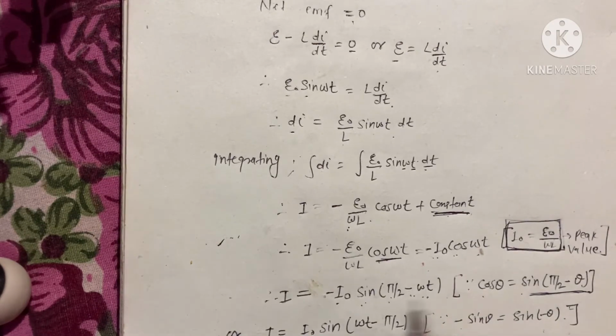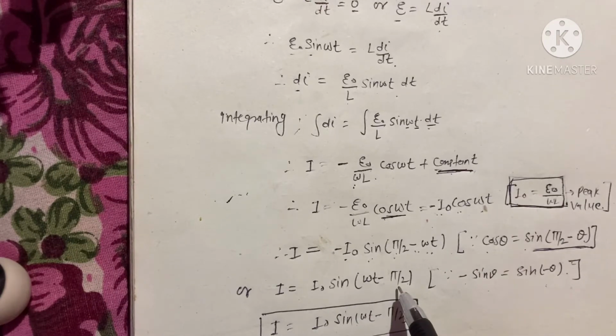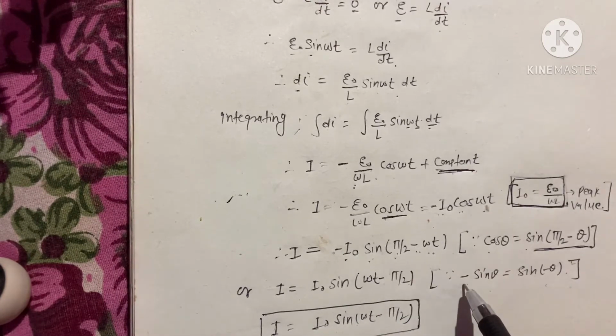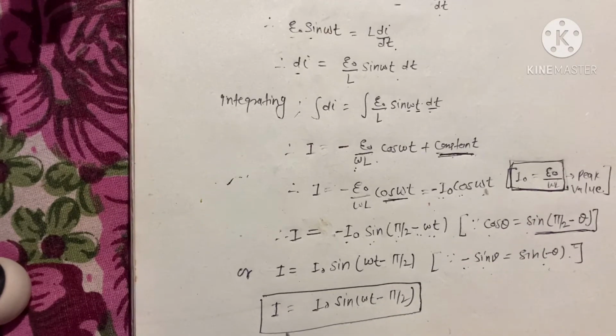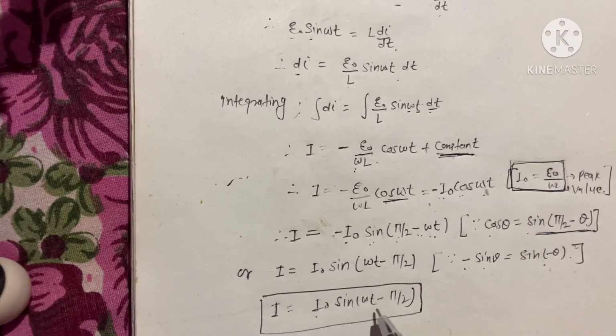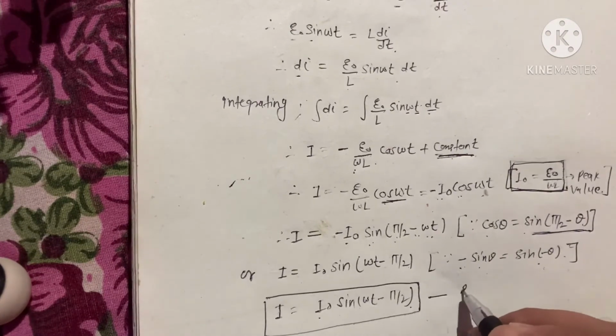So now I can write I is equal to I0 sine omega t minus pi by 2. Here we have converted, because we know that minus sine theta is equal to sine minus theta. So finally we get our equation I is equal to I naught sine omega t minus pi by 2, and this is our equation number 2.